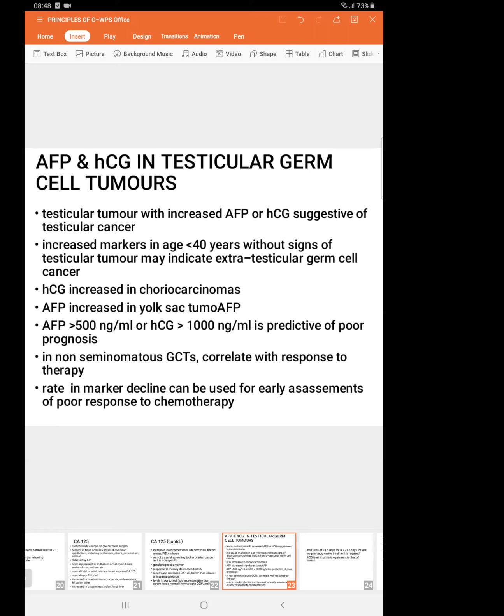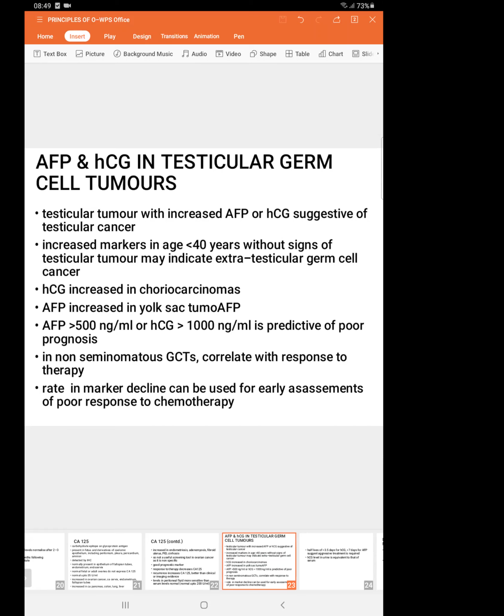More than 90% of choriocarcinomas will have increased levels of beta HCG. 90 to 95% of yolk sac tumors will have increased serum alpha fetoprotein levels. Alpha fetoprotein levels of more than 500 nanogram per ml or beta HCG value of more than 1000 nanogram per ml is predictive of poor prognosis.